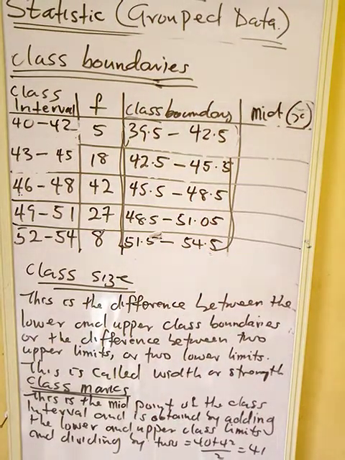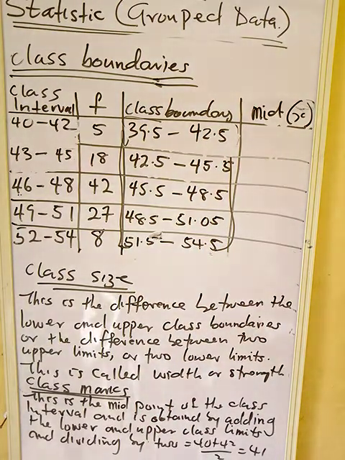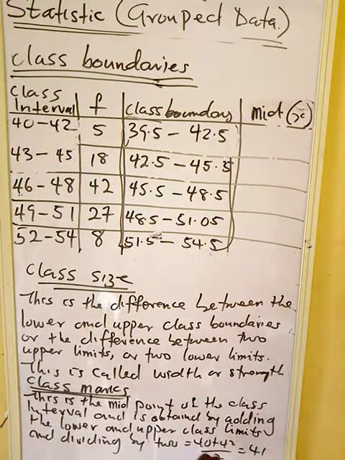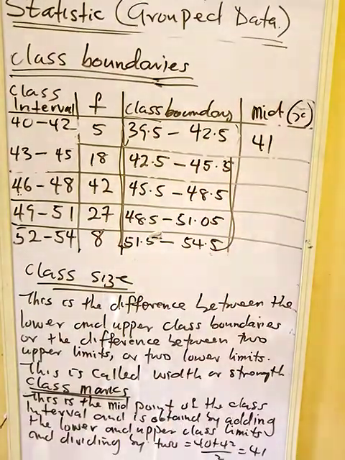How do we get our midpoint? Our midpoint is 40 plus 42 divided by 2. So 40 plus 42 is 82, divided by 2 will give us 41.